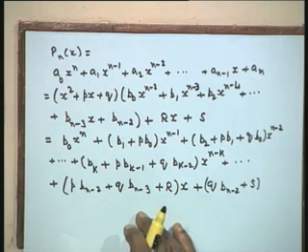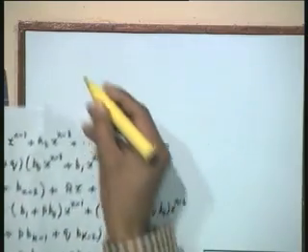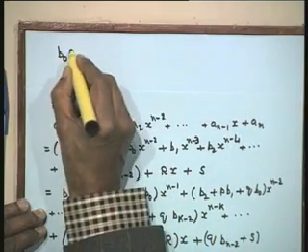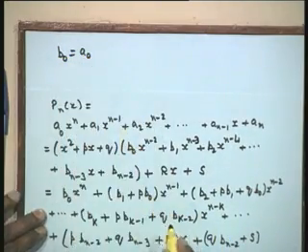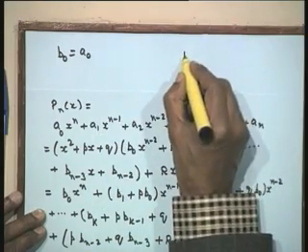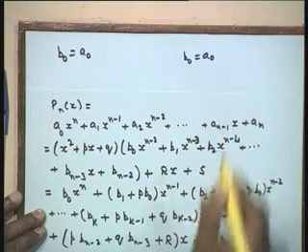Now let us compare the coefficients as we have done in the previous case. We will have b_0 is equal to a_0.